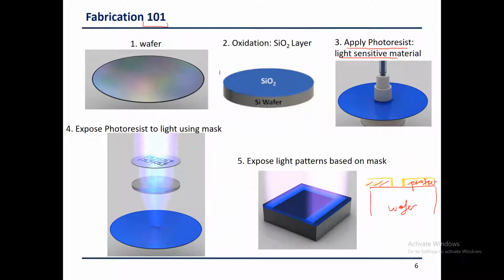And in those places where I want to do processing based on the map that is drawn in the mask, okay, I can now send a shower of particles that will diffuse into this location here, forming a source or a drain region or an N plus region, for example.